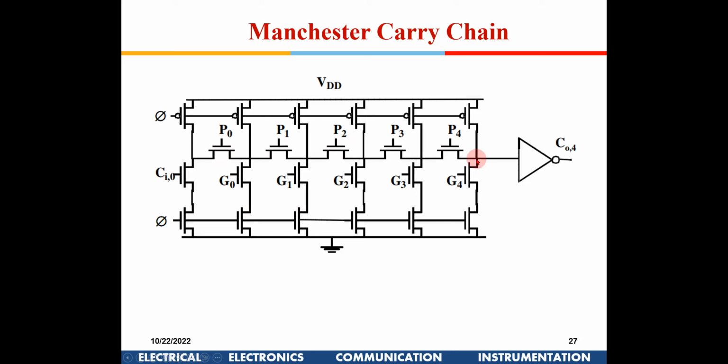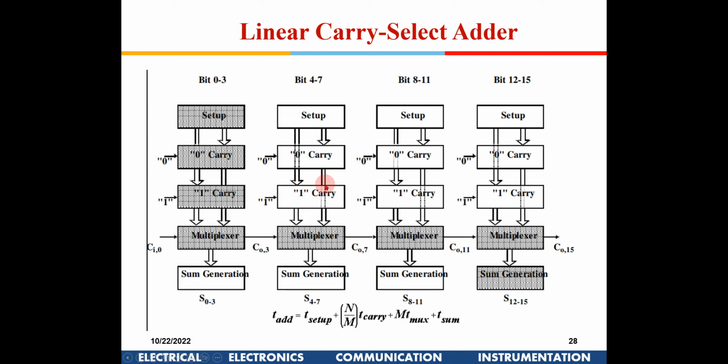In that case also this will get grounded, and then you have an inverter which will give the carry. This simplifies the total circuit and the number of transistors. The only thing is it is dynamic logic, so it needs to be pre-charged and requires a clock for its operation. So, this is known as the Manchester carry chain.